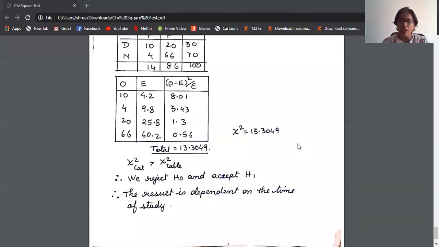Now, one query was there. Sometimes in the exam, they will give you two critical values, one at 0.05 level and one at 0.01 level. So there are two levels. Sometimes they will give you both the values.